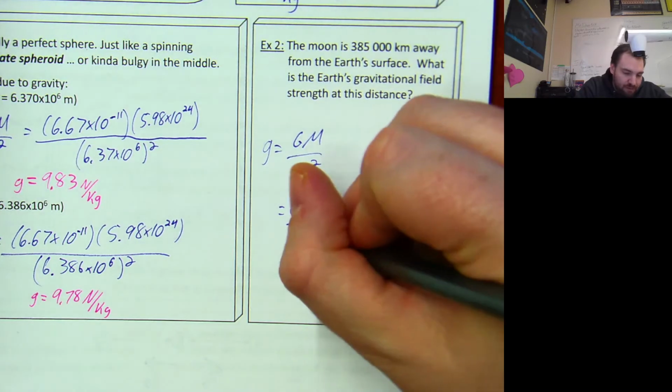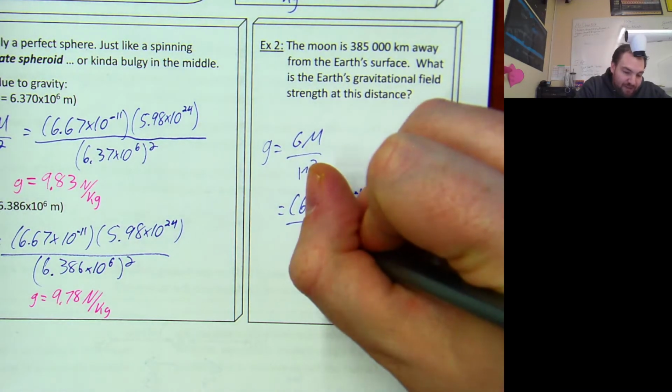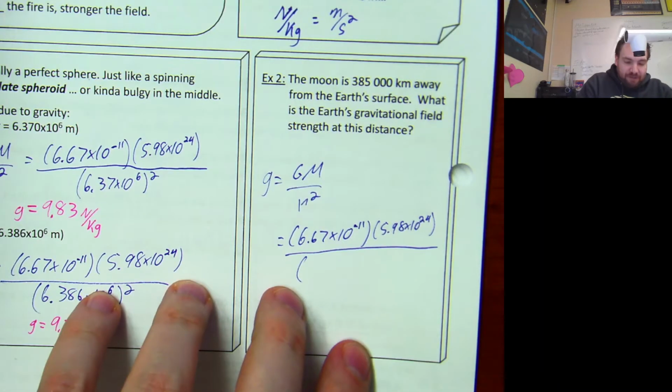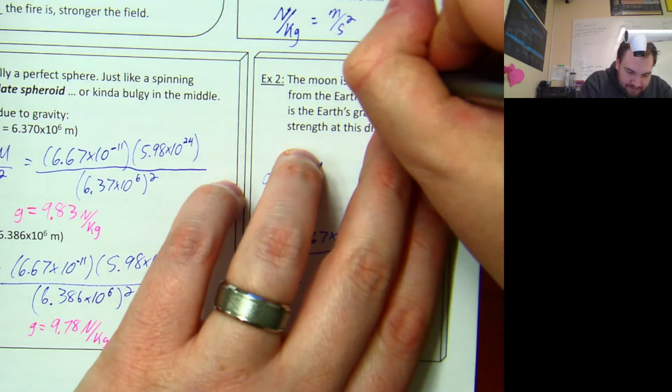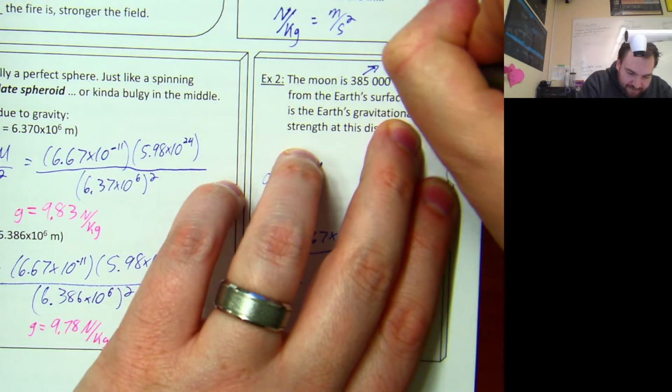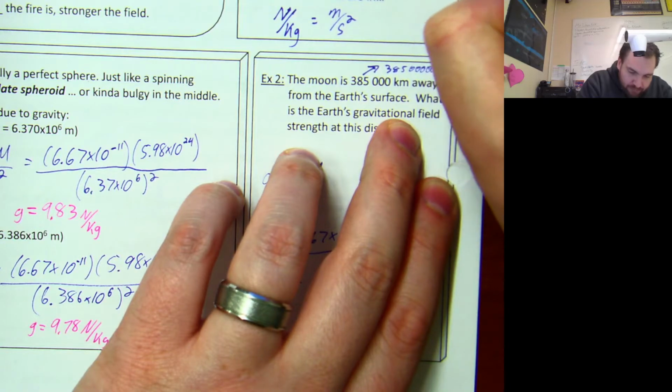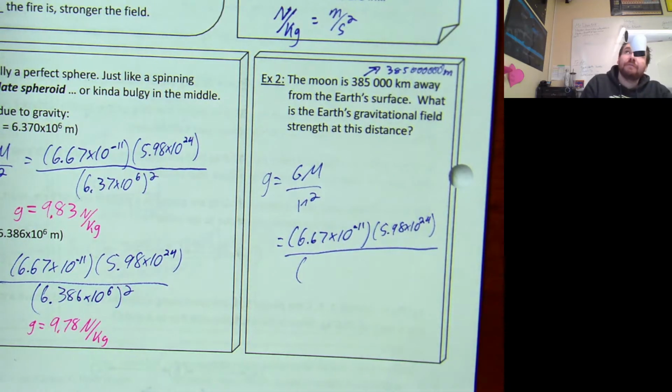So the first thing you did, Connor, was absolutely correct. We want to make sure this thing is in meters. There's going to be 385 million meters.